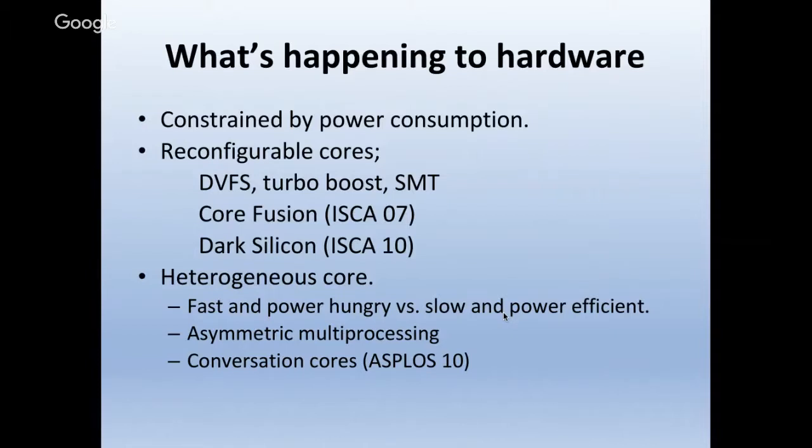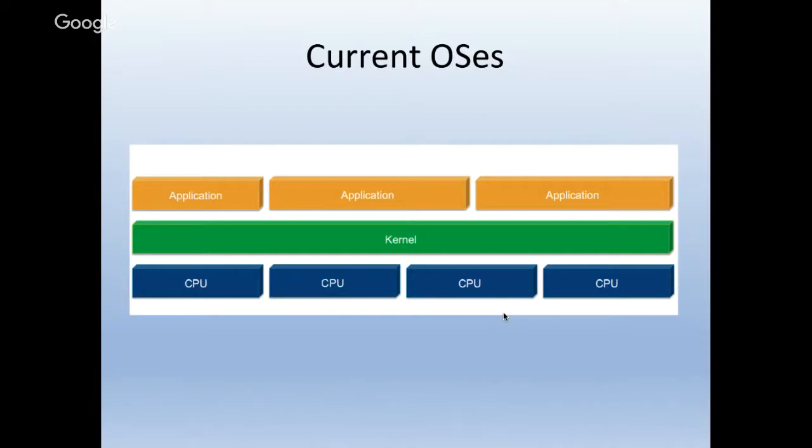Now imagine that we build an OS in a dark silicon era. You have a set of heterogeneous cores and you need to switch between the cores based on your workload. But you also need to power down and take cores out of service because you don't have the power to power everything at the same time. So this is the current model today: the kernel runs as a single program on all cores, and every core runs the same code, as it's hard to adapt to heterogeneous cores.